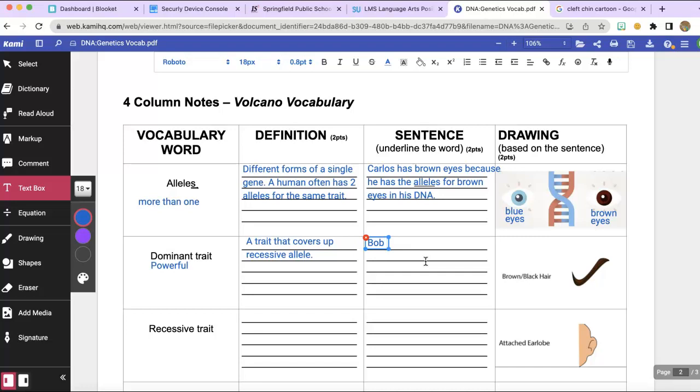Bob has brown hair because he received the dominant trait for brown hair from his father.